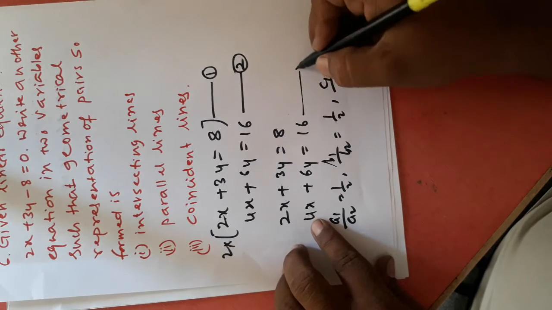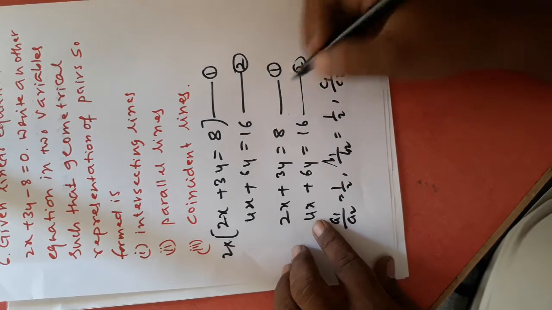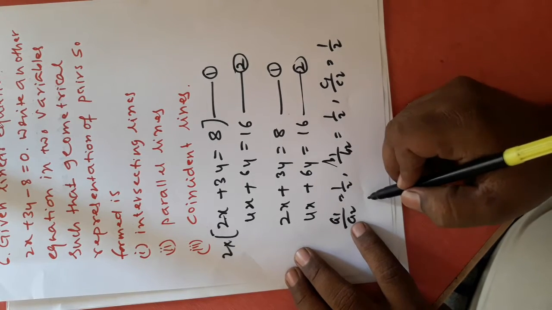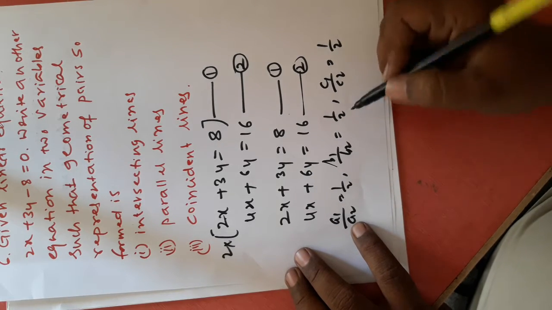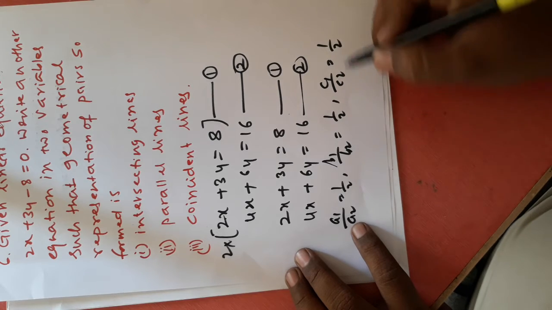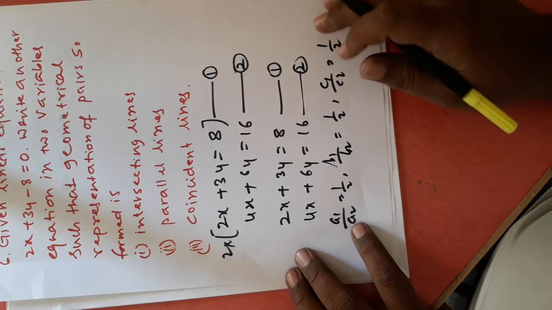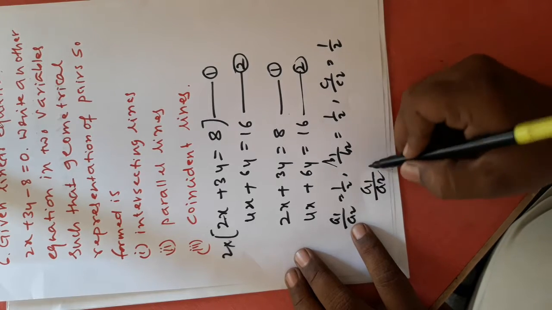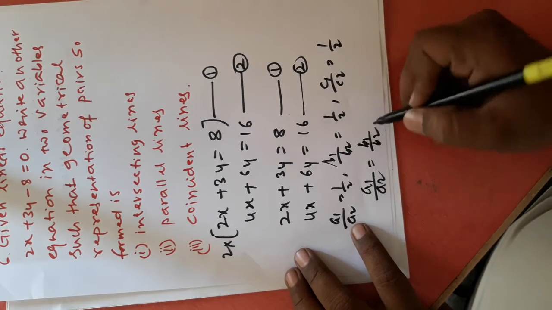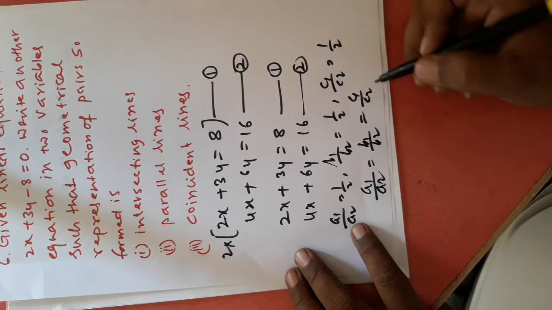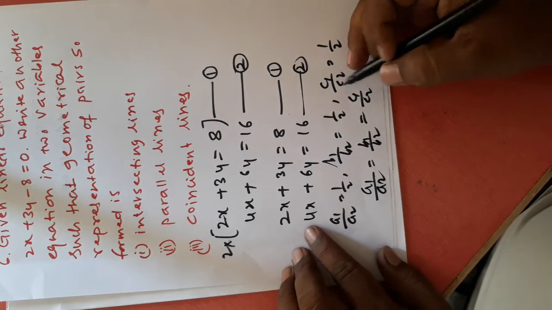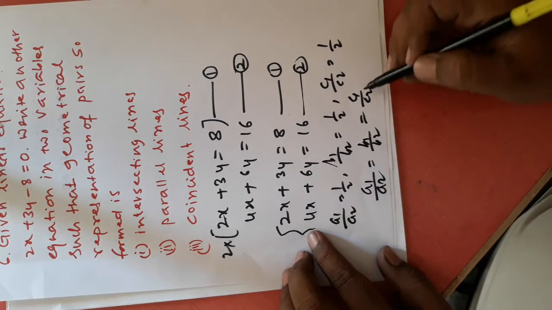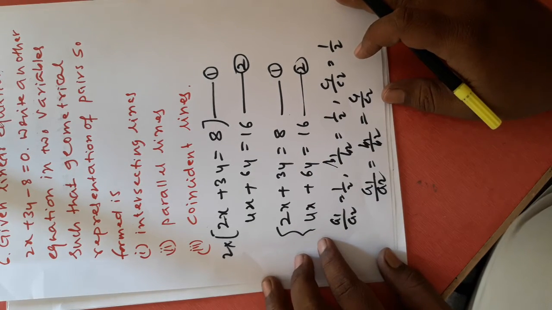So if I take the ratios a1 by a2, b1 by b2 and c1 by c2, all the ratios come out equal. If a1 by a2 is equal to b1 by b2 is equal to c1 by c2, it indicates that these two lines are coincident lines.